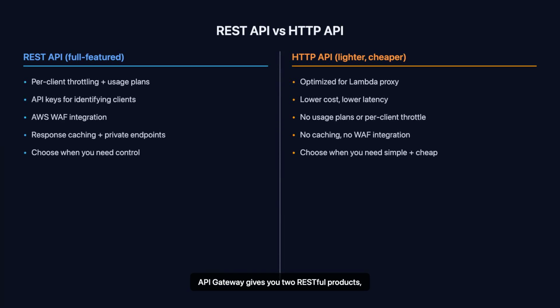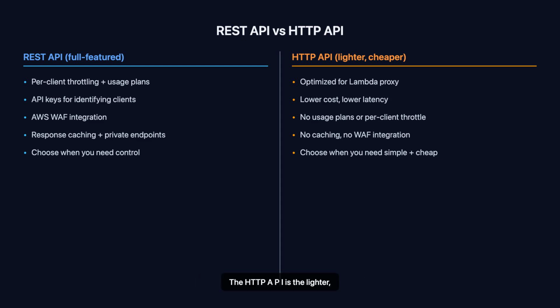API Gateway gives you 2 RESTful products, and choosing between them is a common scenario decision. The REST API is the full-featured one. It gives you per-client throttling, usage plans, API keys, Amazon Web Services web application firewall integration, response caching, and private endpoints.